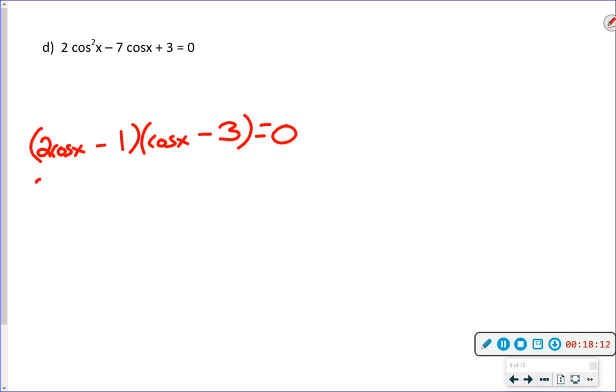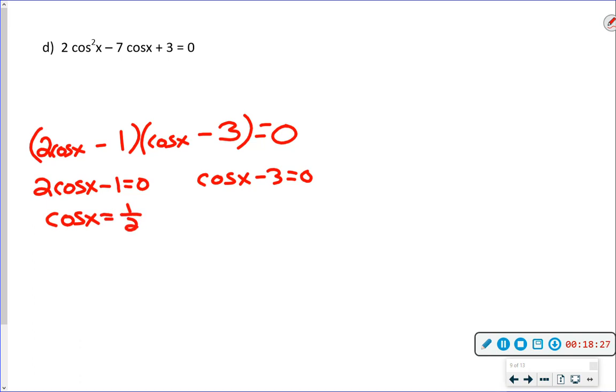Set each factor to 0. Probably most of you are going to eliminate that line I just wrote and just mentally solve these and make it 1/2, and 3. All right, 1/2. We've got that all over our unit circle. Well, I shouldn't say all over, that's dramatic.